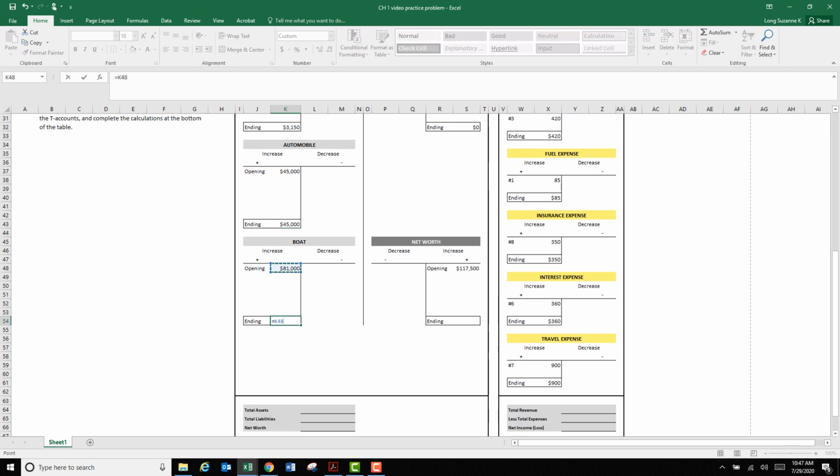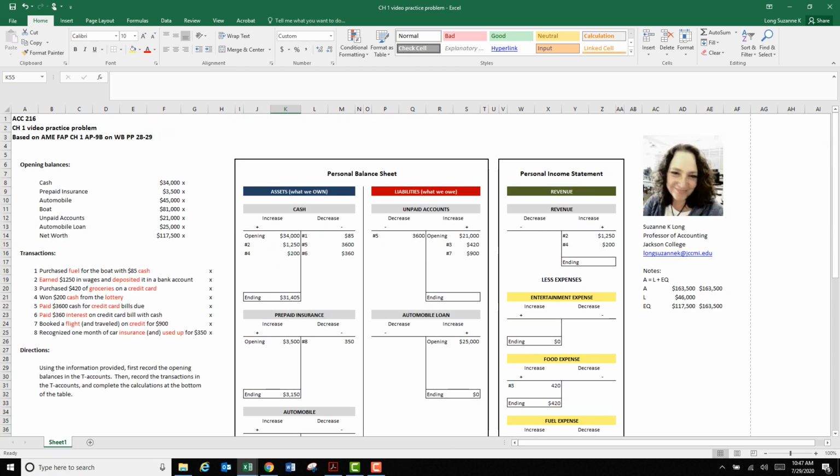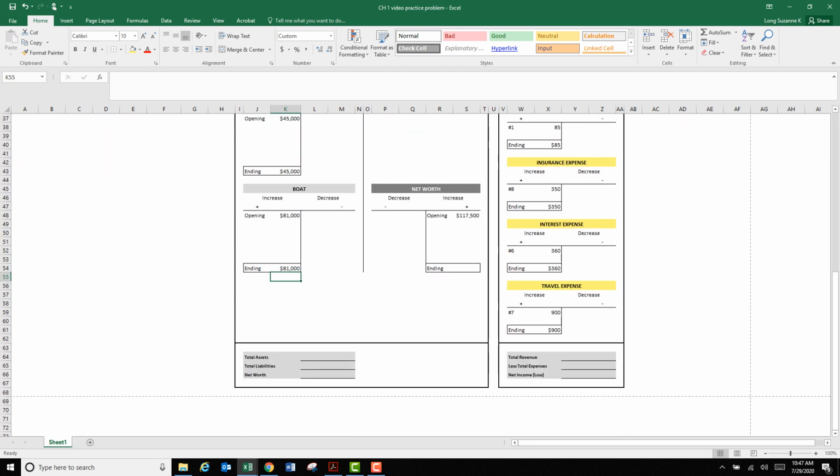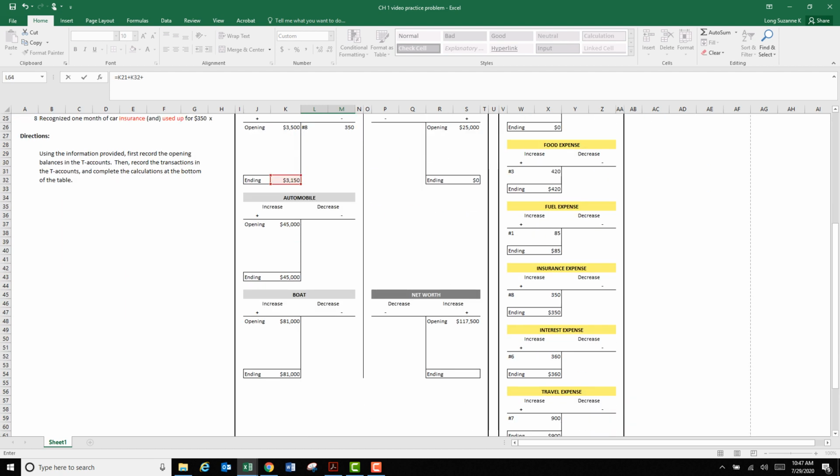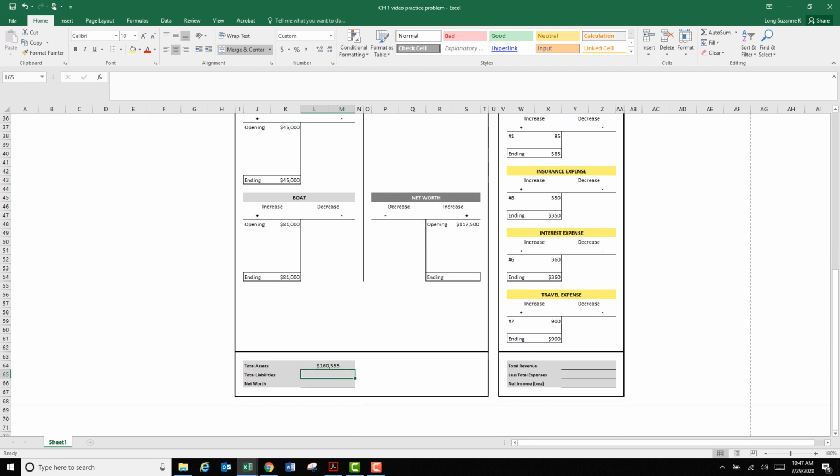Equals, click, enter. So those are the assets. Down here we need total assets, so I'm going to have equals this one, plus this one, plus this one, plus this one, and enter. So that's my total assets.